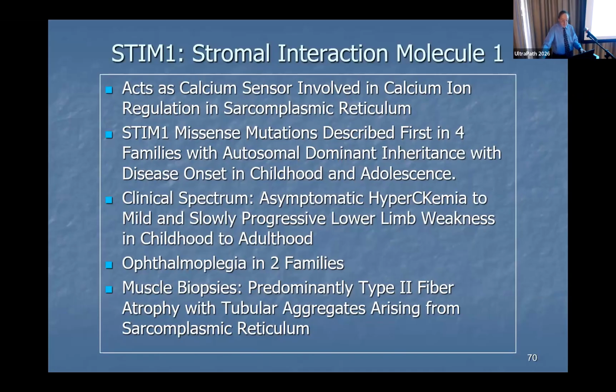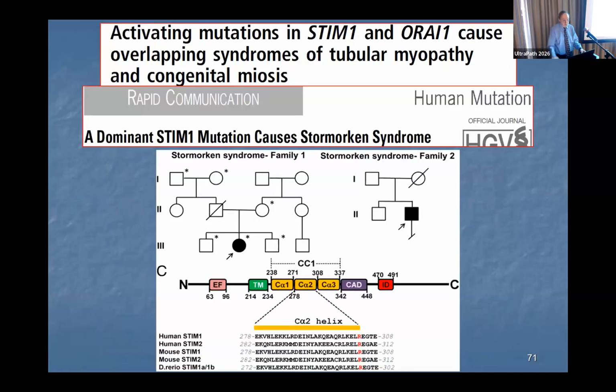The clinical spectrum typically has asymptomatic hyper-CKemia and mild to moderate progressive lower limb weakness going from childhood into adulthood. Some of these actually had ophthalmic findings associated with them. And as indicated previously, it's primarily a type 2 fiber atrophy associated with this disease process.